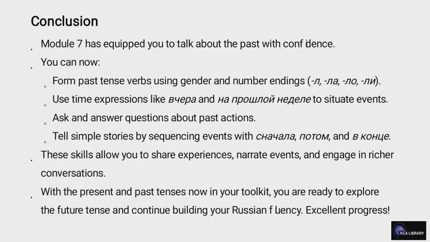Tell simple stories by sequencing events with snachala, potom, and v kontse. These skills allow you to share experiences, narrate events, and engage in richer conversations. With the present and past tenses now in your toolkit, you are ready to explore the future tense and continue building your Russian fluency.